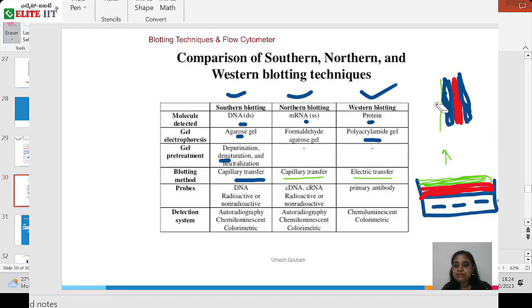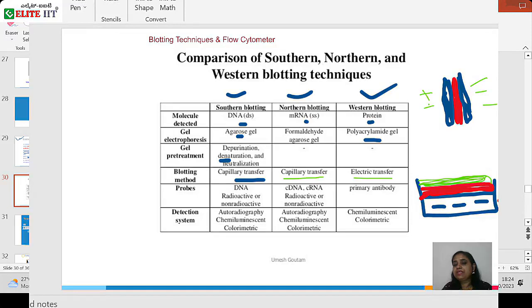So what will happen? Few protein molecules will be positively charged. Few proteins will be negatively charged. So few will go towards the anode and few will go towards the cathode.